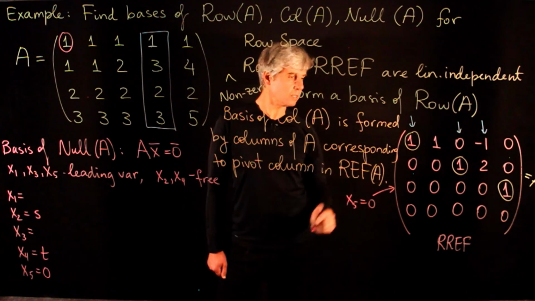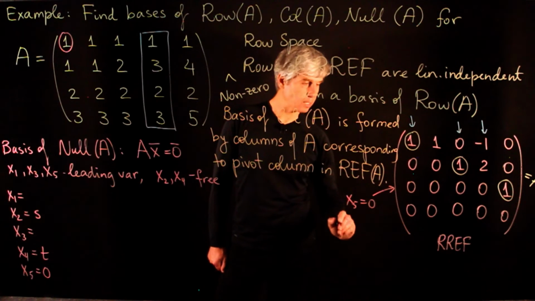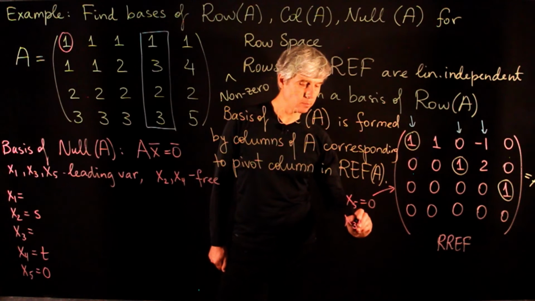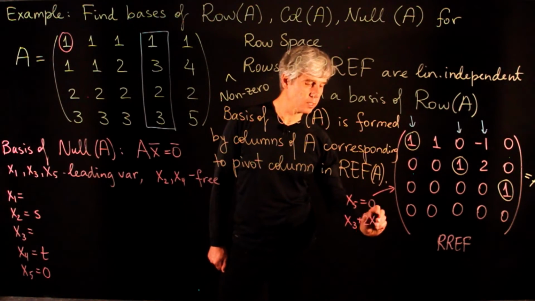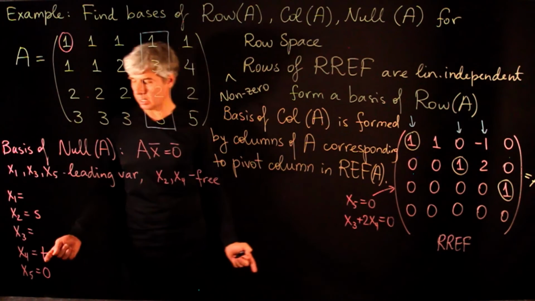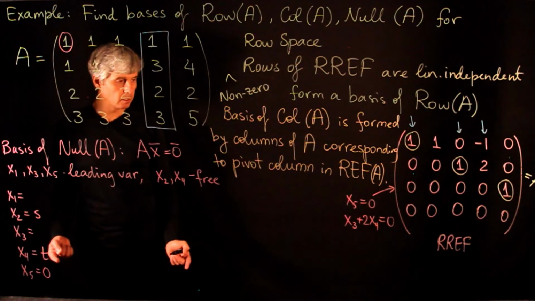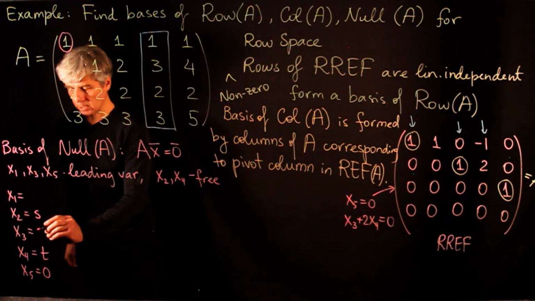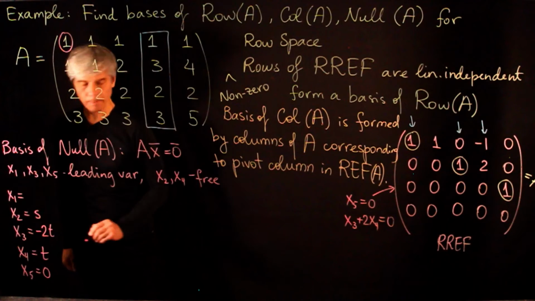Then the second equation says that x3 plus 2x4 is equal to 0, and x4 is a free variable, so x3 is equal to minus 2t.